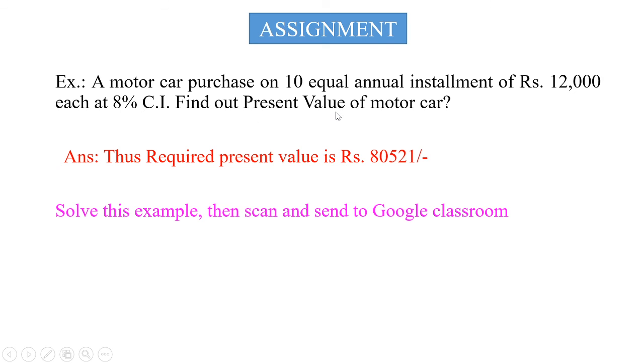Find out the present value of the motor car. You have to use the formula of present value of annuity and solve this example. The required present value is 80,521. After solving this example, you can scan and upload it to Google Classroom.